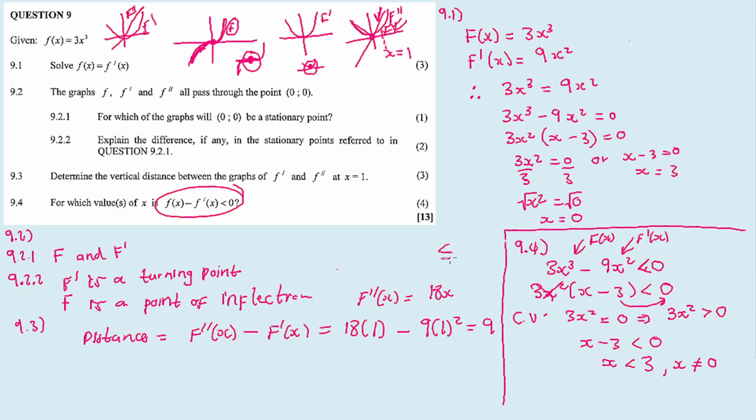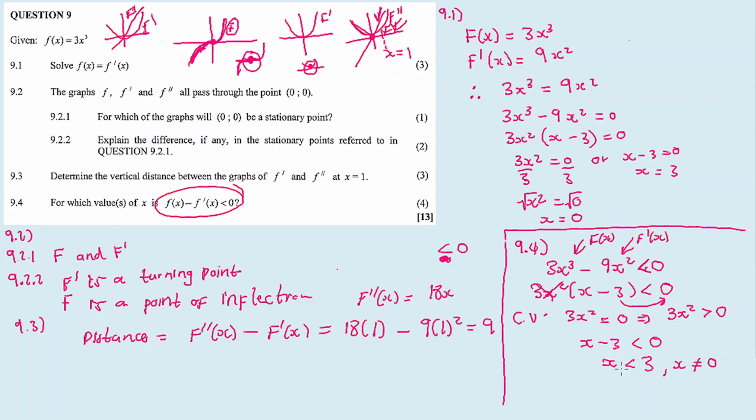If it was less than or equal to 0, then yes, x could be included as a solution. But because there is no equal sign in our inequality sign, 0 must be excluded as a solution.